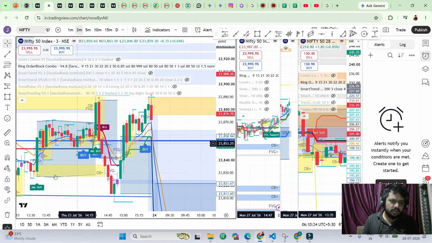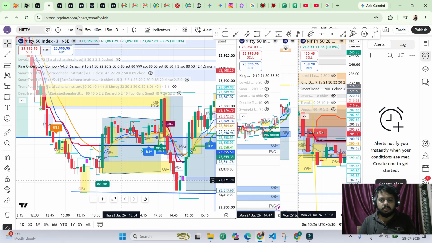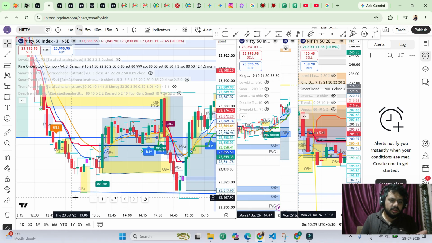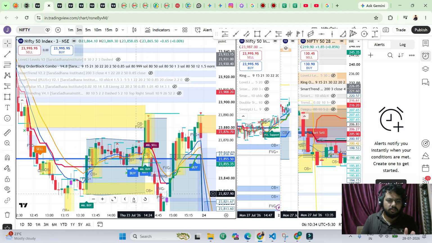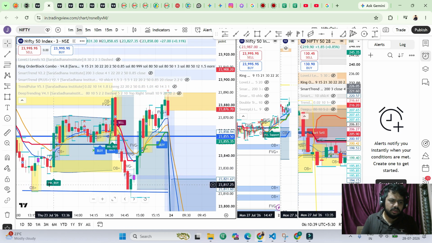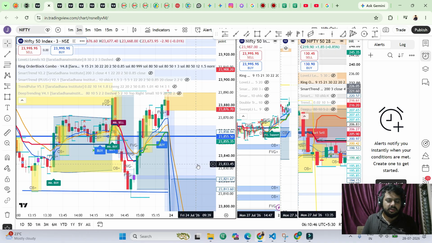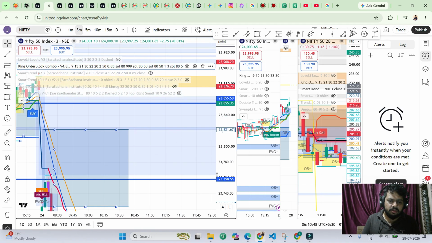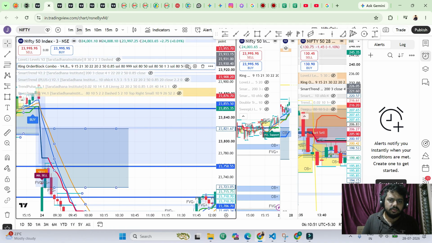Whenever the market is ranging, there will be an OB plus at the bottom and OB minus at the top. That's all. OB plus to minus, OB minus to again, till this order block it got rejected again and started moving up. Like that, everything will get mapped in this particular indicator.